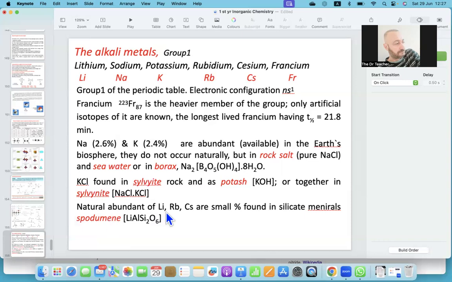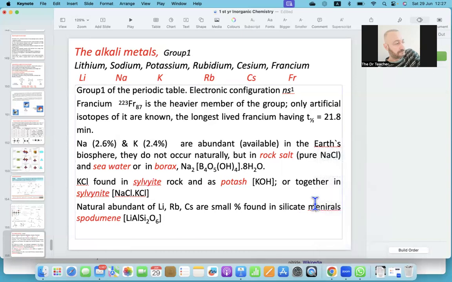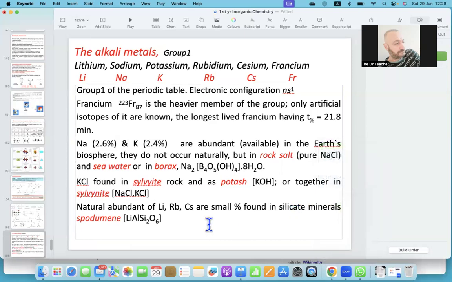Natural abundance of lithium, rubidium, cesium is very, very small percent, found in silicate minerals. So minerals, spodumene here.